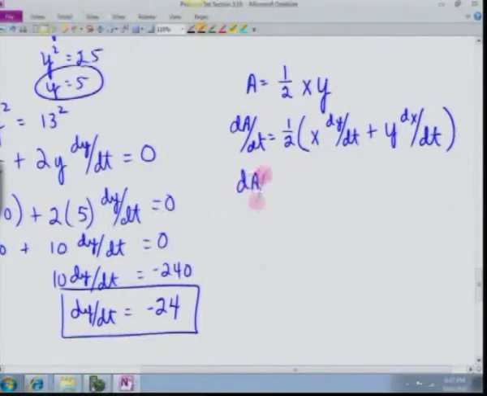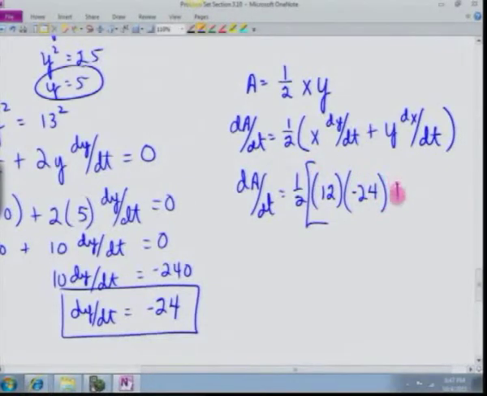Okay. 1/2 times, what's x? 12 times negative 24 plus what? x was 12 up at the original. What's y? 5. And what's dx dt? 10. So let's see what you get.